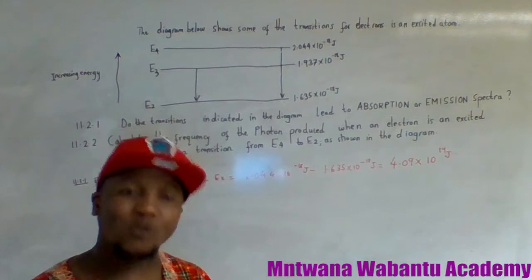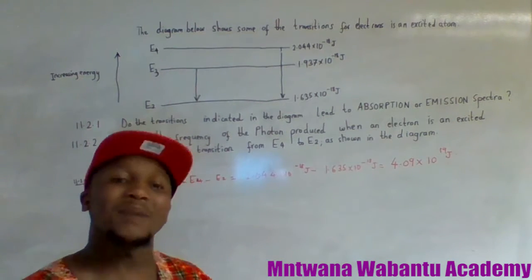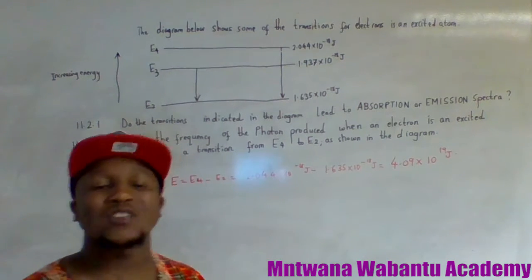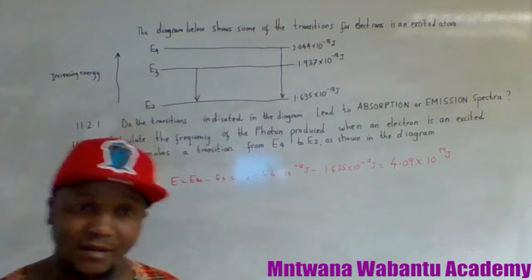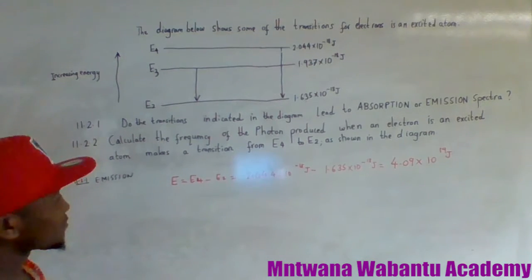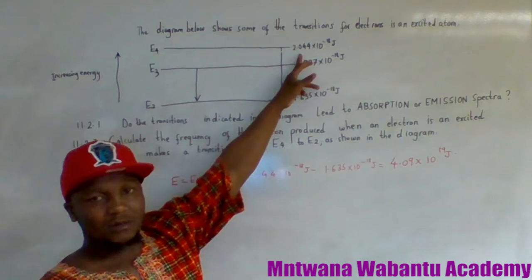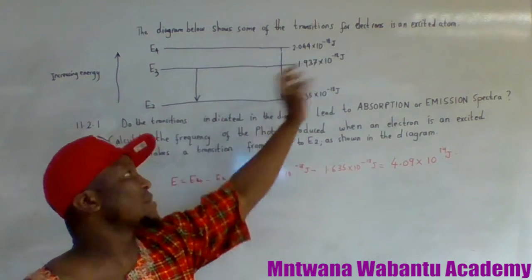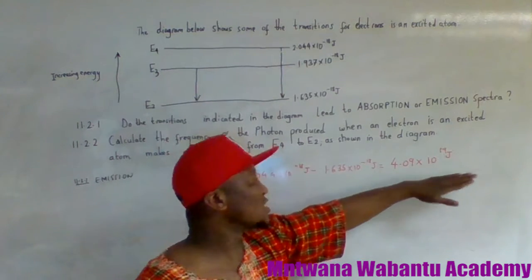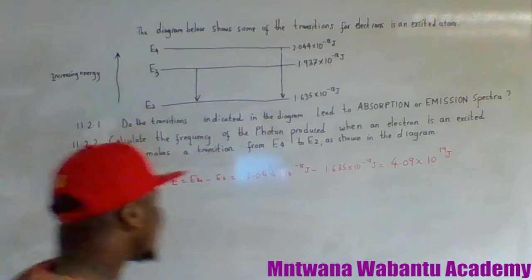When you say photons have to be released, it means the energy has to be emitted. You gotta remember that. So this is the energy which is going to be released, which is the photon.